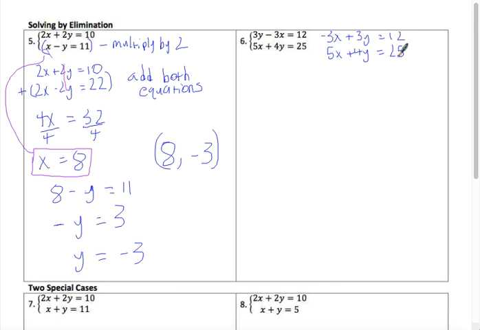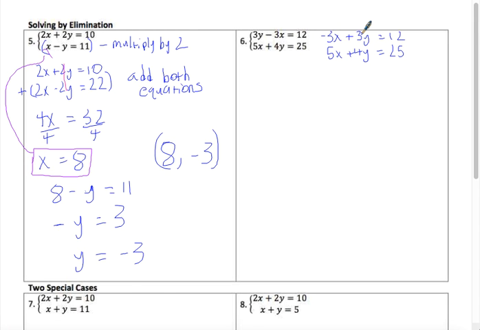So if you're super comfortable with fractions, you could, of course, multiply the top equation by 4/3, and that would give you a negative 4x, or that would give you a 4y here. But most of the time it's easier, we're just going to multiply both equations.